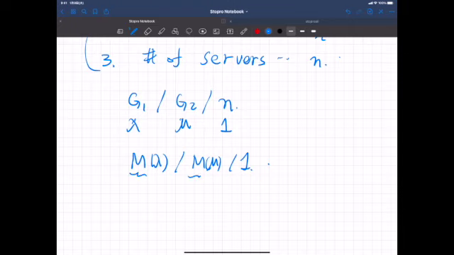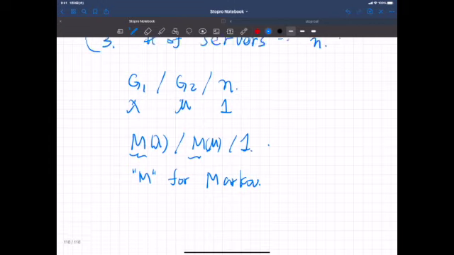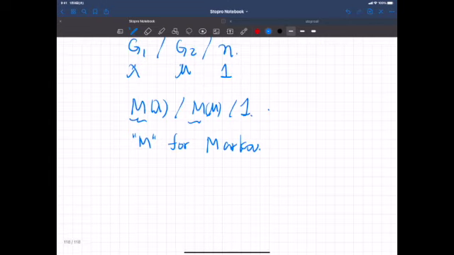This M represents Markov, okay? M for Markov process. And if there are multiple servers, we of course replace the last one with n. And in the last case, we have examined the case where the service time is fixed.